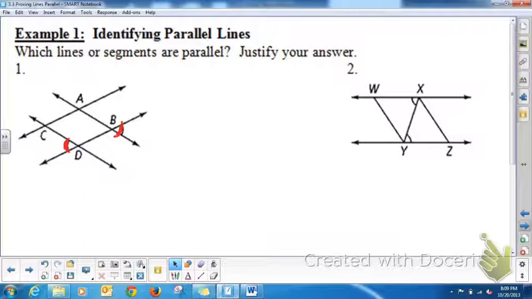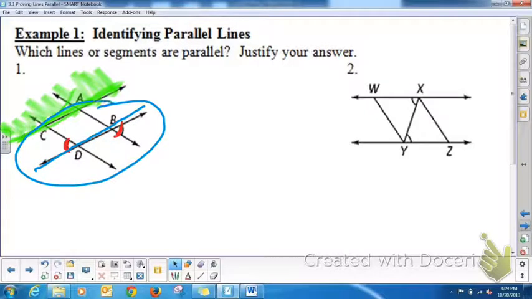If I ignore the rest of this picture, I'm ignoring this line here, then those two lines are cut by this transversal. And what I have there are alternate exterior angles.